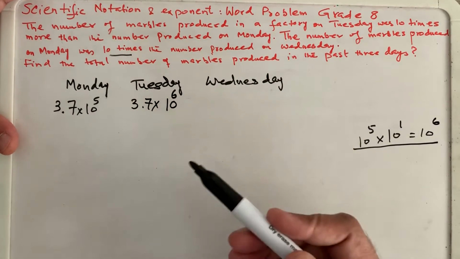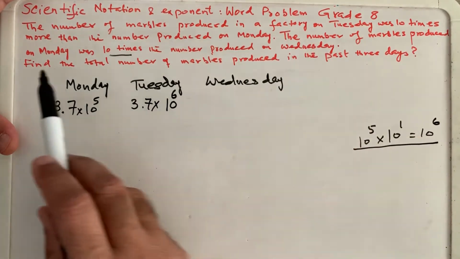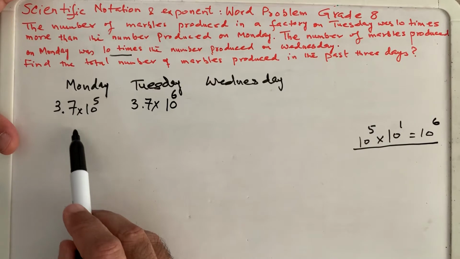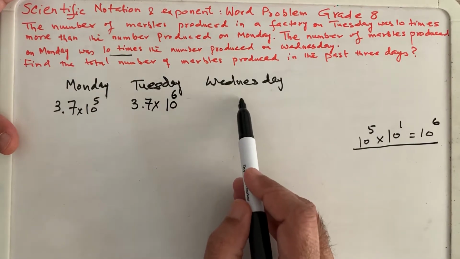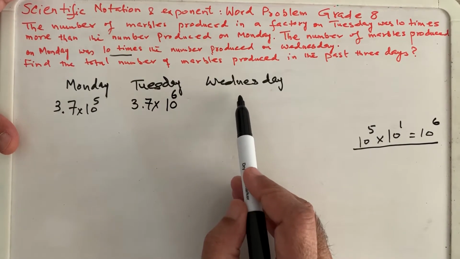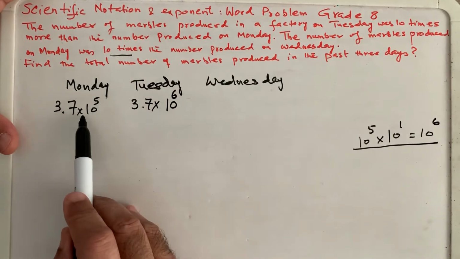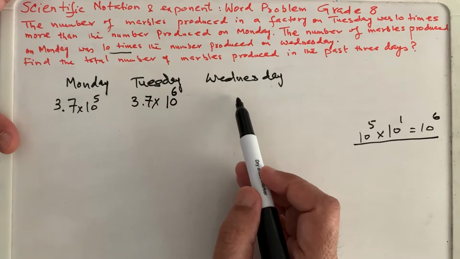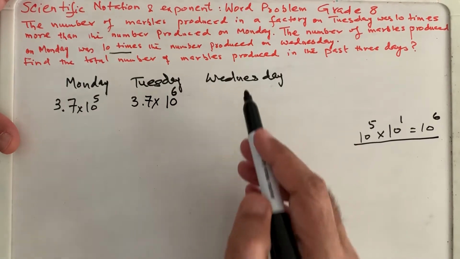So now this is the second thing. The number of the marbles produced on Monday was 10 times more than on Wednesday. That means Wednesday was less, right? So Wednesday production was a 10th.